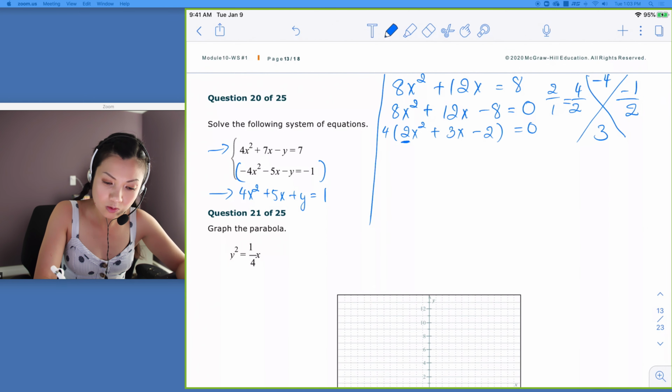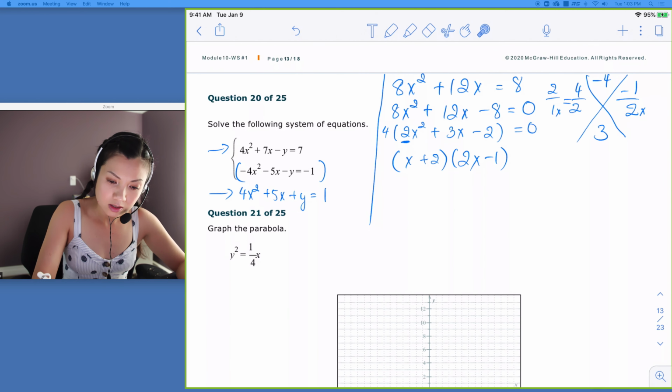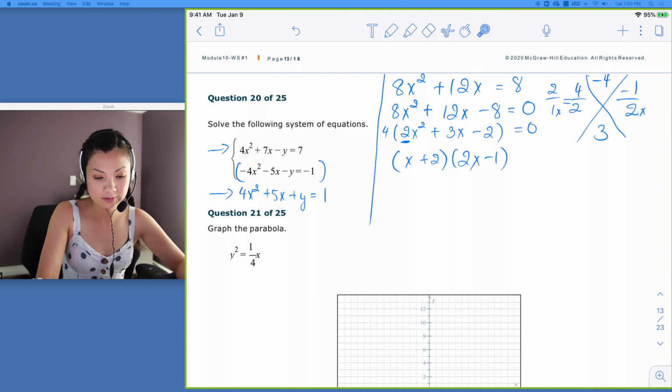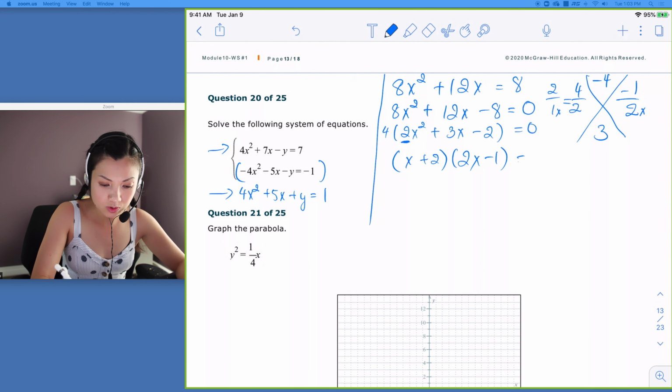So now we are ready to write. So I have x plus 2, and then I have 2x minus 1 right here. So I put x plus 2, 2x minus 1, okay, equals 0.